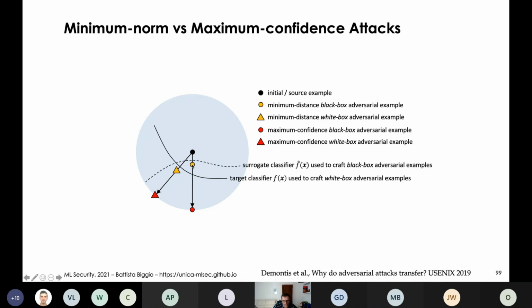Then it's clear that this one may not be misclassified with larger probability than the red one, because the boundary may be slightly modified in the other case. So in general, these maximum confidence attacks transfer better to different models. I don't know if it's clear for you, or do you have any questions on that?